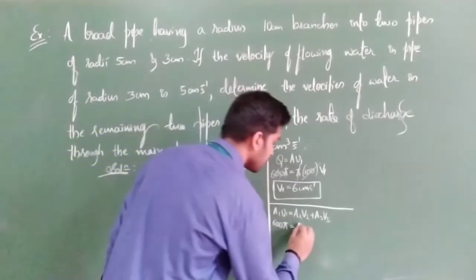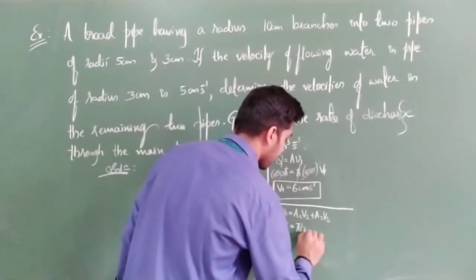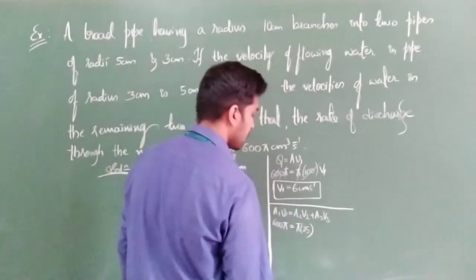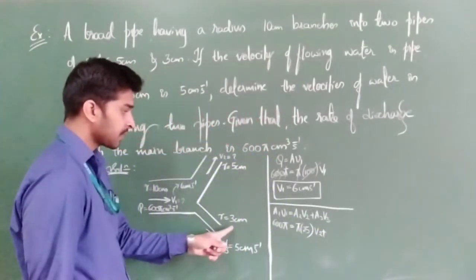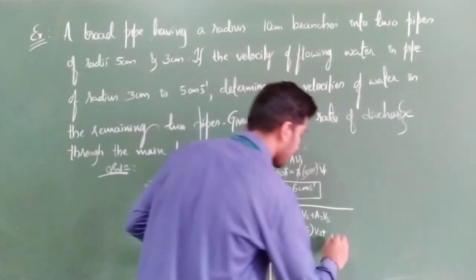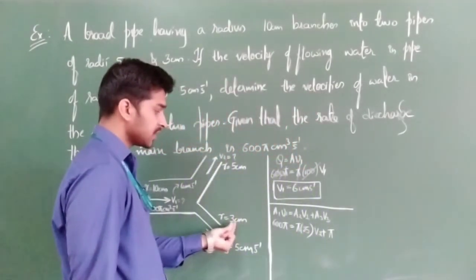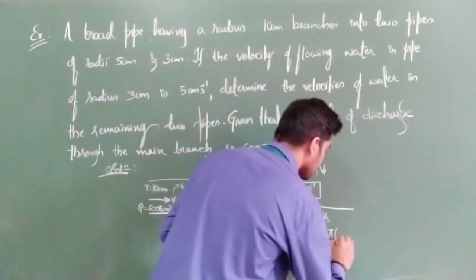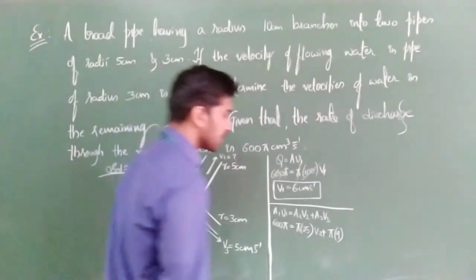Pi into r square, r is 5 centimeter, 5 5s are 25. Pi r square into V2 plus A3 V3. A3 first of all pi r square, pi into r square, r is 3, 3 3s are 9. Clear? Then V3 is 5.